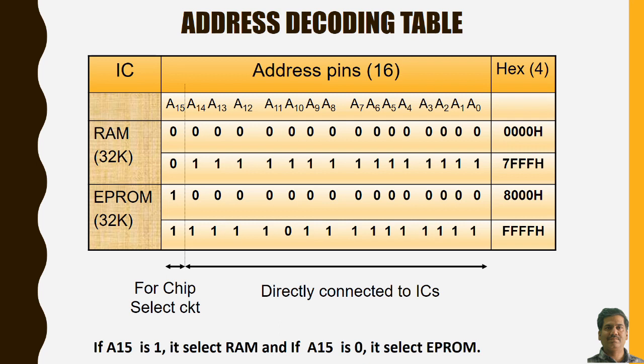The EEPROM starting address is 8000H and the end address will be FFFFH. So the address pin A15 will be selected for chip select. If A15 is 0, it selects RAM, and if A15 is 1, it will select the EEPROM. In this way, we can clearly specify the address decoding table, which is helpful for us if ICs are more than 2 and higher.